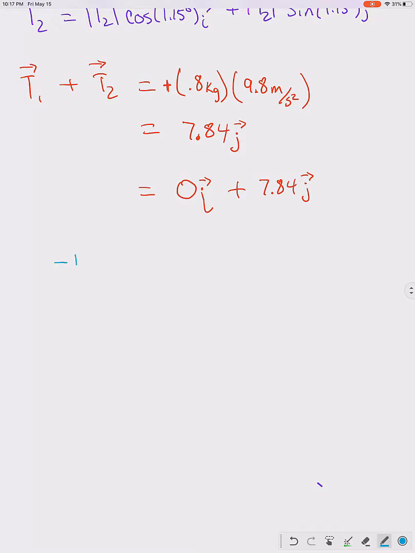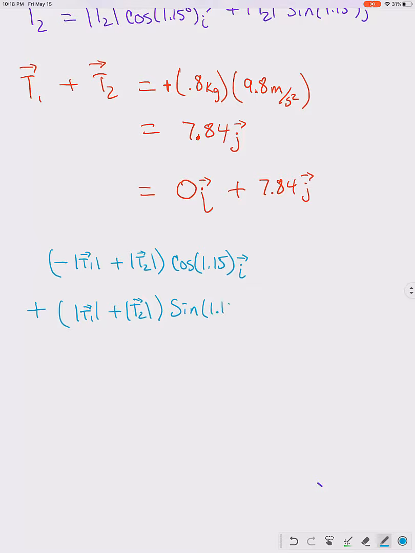So first the I part: minus the length of T1 plus the length of T2, and that's the cosine of 1.15, and that's in the I direction, plus the length of T1 plus the length of T2 times the sine of 1.15, and that's in the J direction, and that's equal to 0 times I plus 7.84 times J.